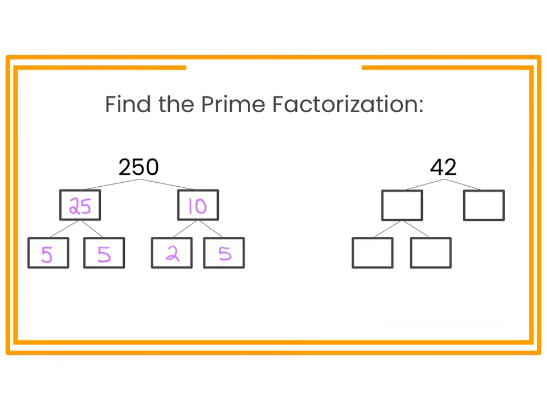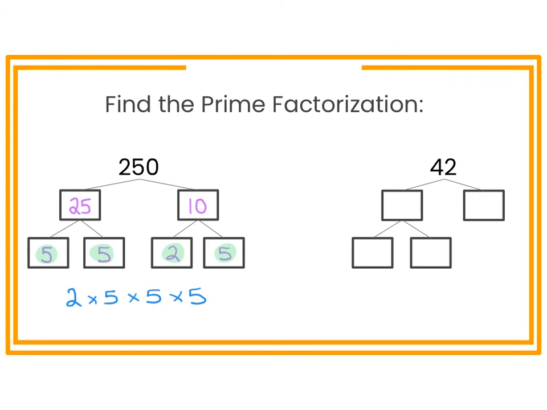Now I'm left with only prime numbers. Circle the prime numbers and we'll write them down below in order from least to greatest. I'll write the 2 first, and then multiply it by the 3 5s. So the prime factorization of 250 is 2 times 5 times 5 times 5.